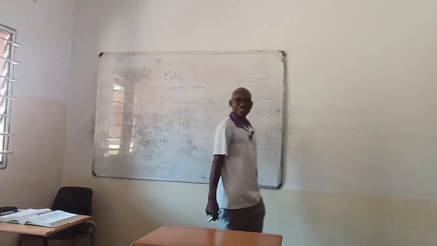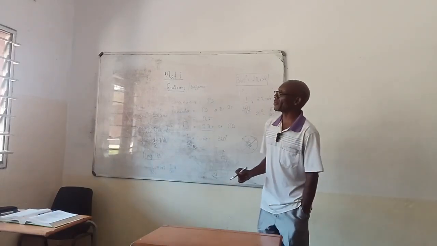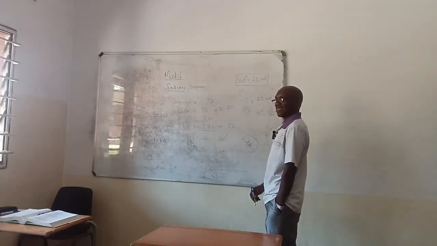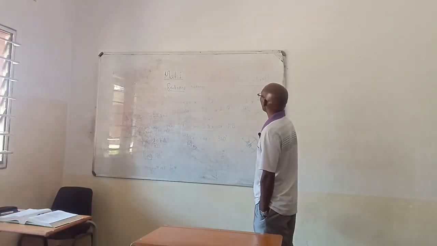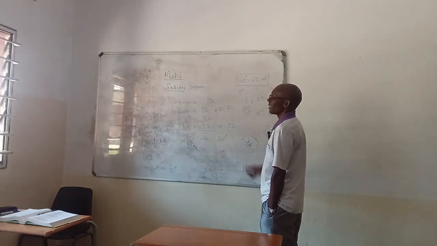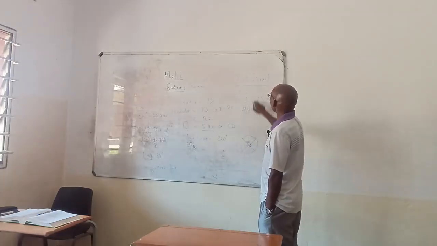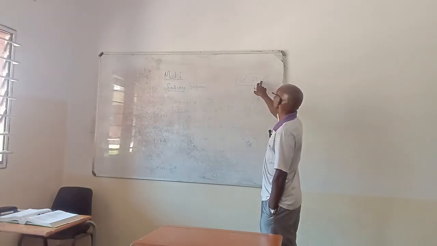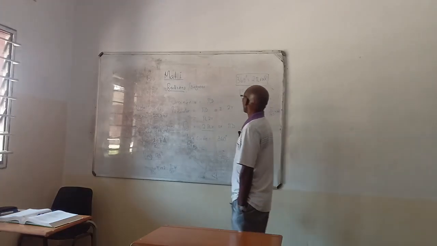But generally, the principle here is that 360 is what makes the circle. There are 2 pi rad. This pi is not the 3.14 that you have been looking at. These are radians. The unit for radians is pi.